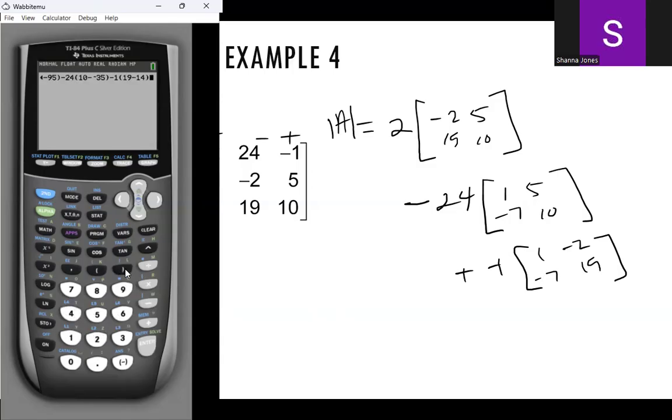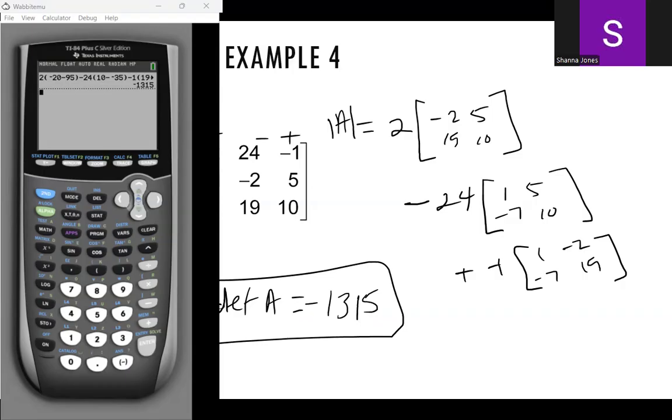And I hit enter, and I get -1,315. How we do? Doable? The determinant of A equals -1,315.